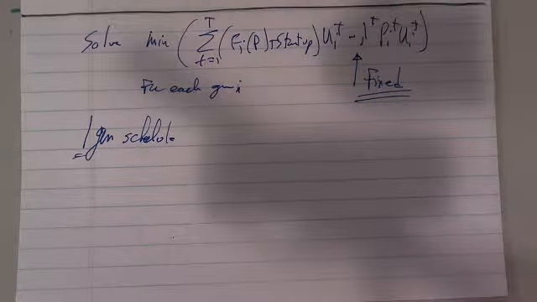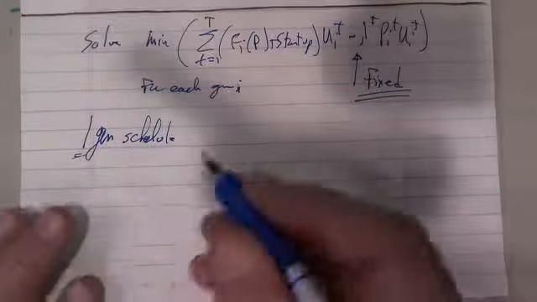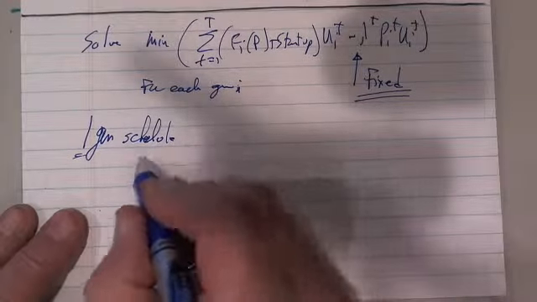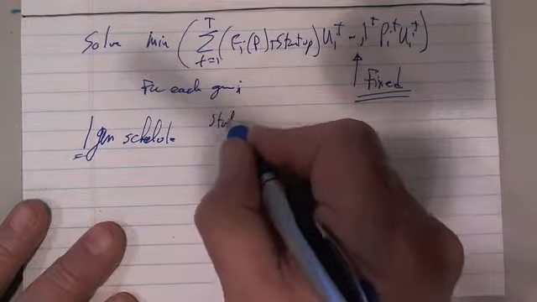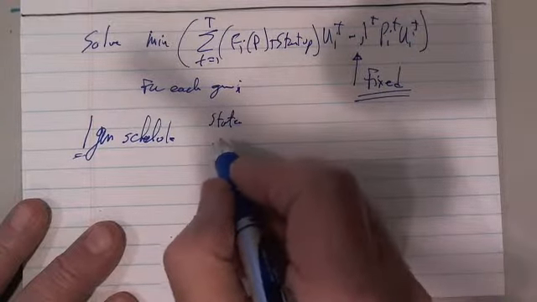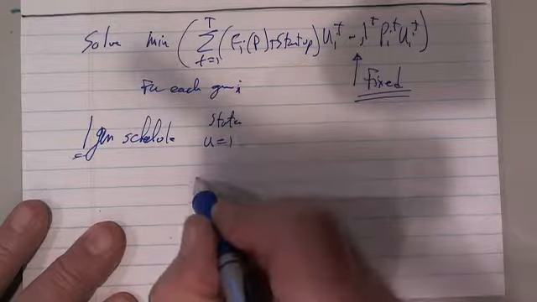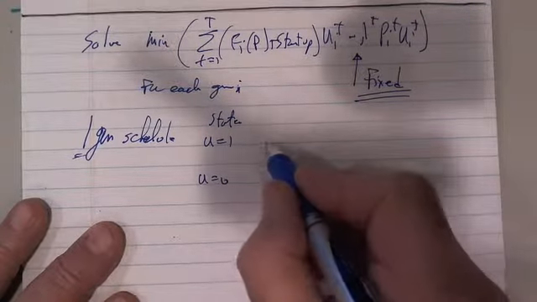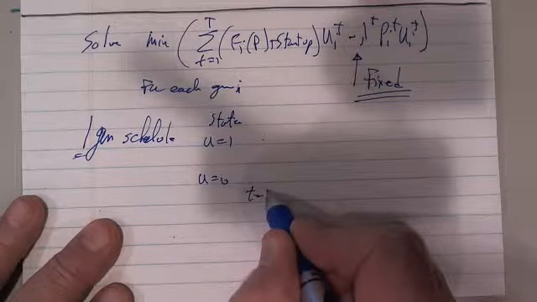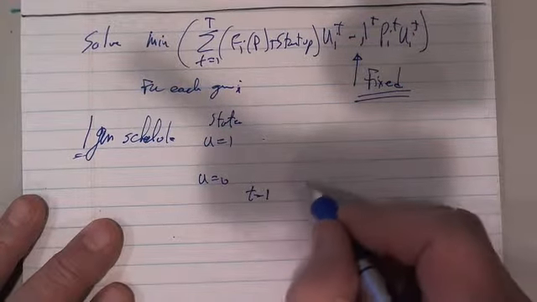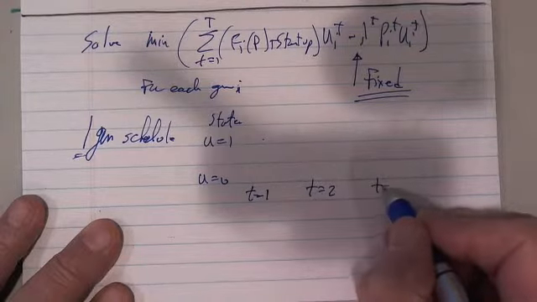Remember when I had 2 generators or 4 or something? I had all the states listed. So let's do this, and I'm going to solve it with dynamic programming. Here are my states: u equals 1 or u equals 0, and here's t equals 1, t equals 2, t equals 3.